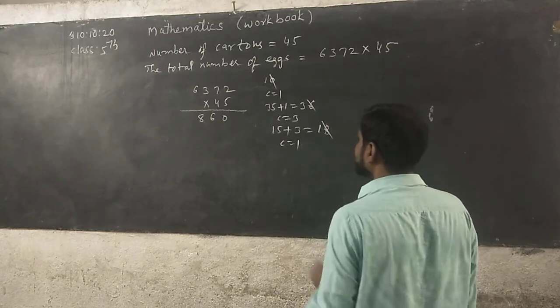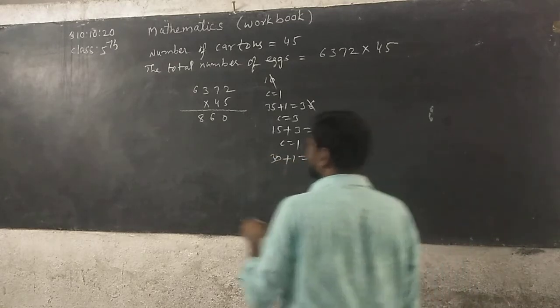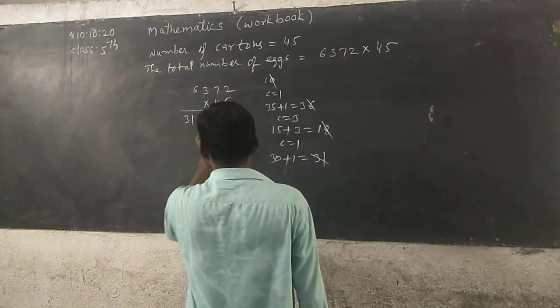Next, 5 6s are 30, 30 plus 1, 31, you can write the total number. Now, ones place cut it.